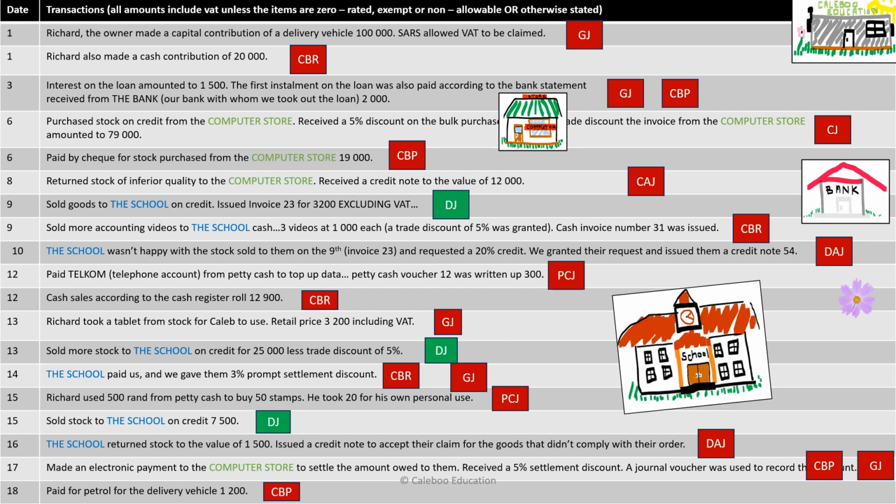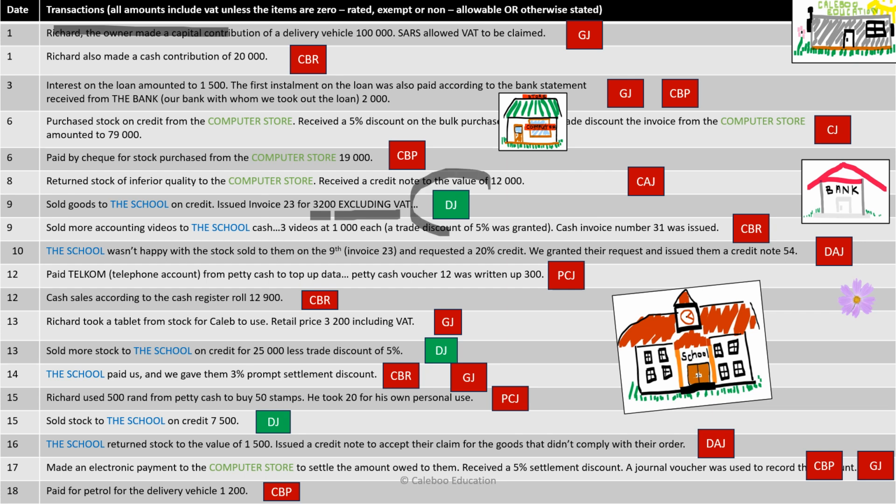These transactions took place for Calibre Education for the month of February. Remember, all amounts include VAT unless otherwise stated. For example, there on the 9th, the amount excludes VAT, so we're going to have to do a calculation there.